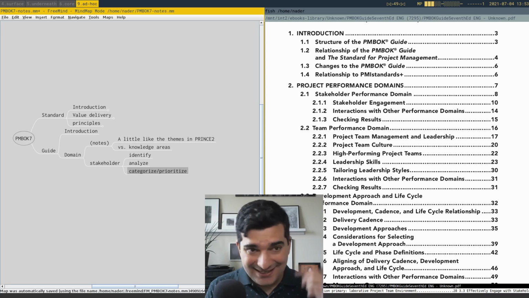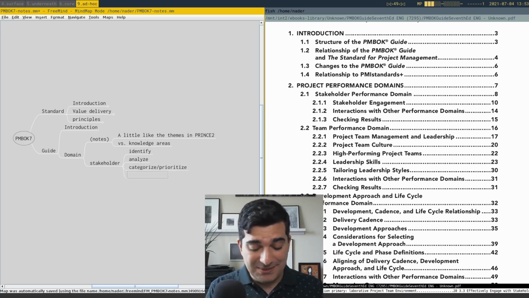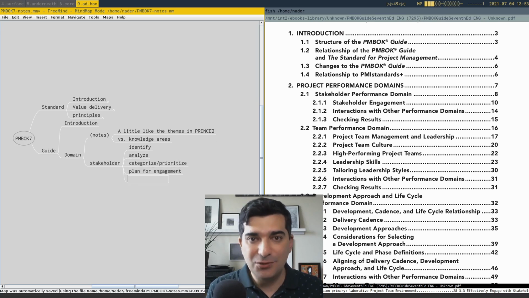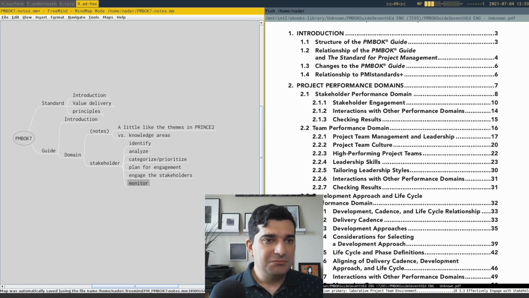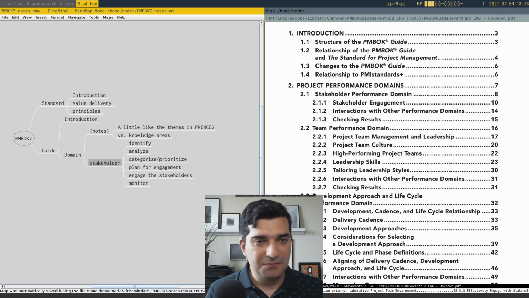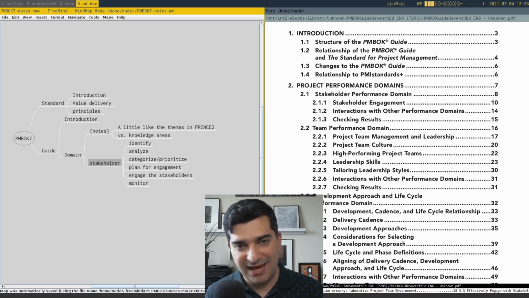And finally, you may come up with a plan for engagement, and then you run that plan and engage the stakeholders, and then you will monitor them, and so on. Yeah, these are the typical things. And it's about every type of stakeholder, obviously. Anyone who is a stakeholder, meaning that the person has an interest in the project and can impact the project.